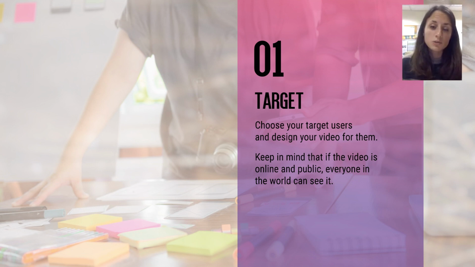But then you need to keep in mind that if you want to upload your video online, and uploading online doesn't always mean that your video is public to everyone, but if you set the video to public, so visible to everyone, you need to remember that your video is going to be seen by everyone in the world.